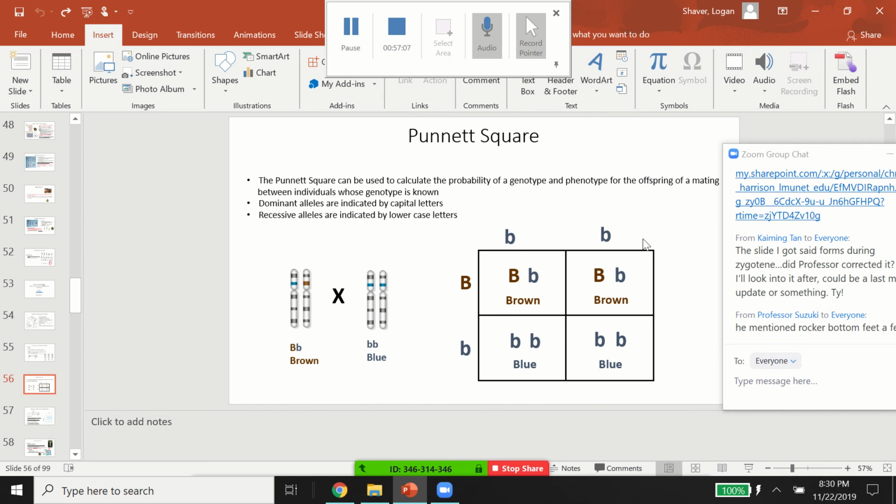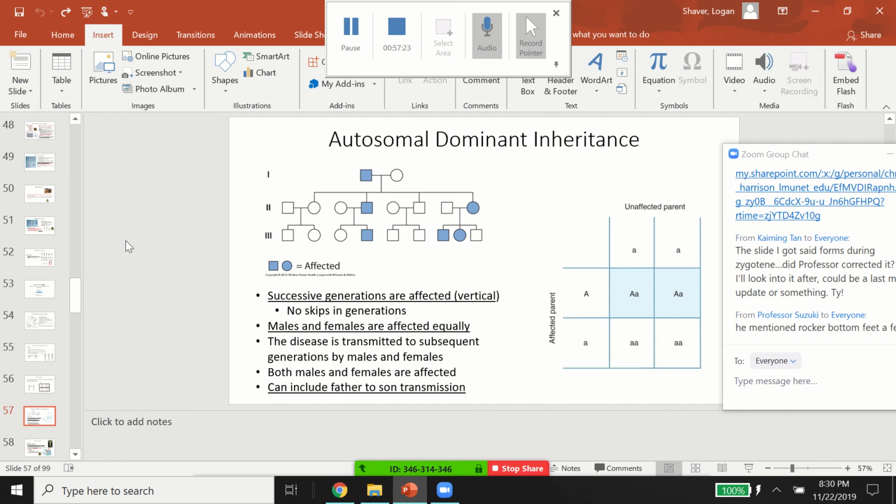In this case, they would ask what percentage of the offspring will have blue eyes. Then it's 50%, or 2 out of 4, or 1 out of 2. So they could ask you a fraction instead of a decimal, but either way, that's how they'll ask the questions. But that's a super simplified example.